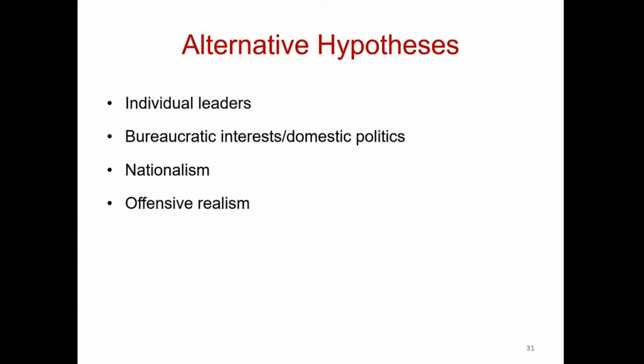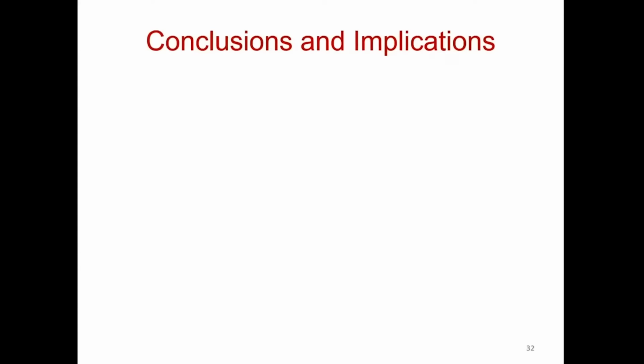I'm more than happy to talk about any of these in the Q&A, but in the interest of time, I'll skip over them now and go straight to the conclusions. So to conclude, the book examines when, why, and how China uses coercion, and I argue that China oftentimes makes Goldilocks choices, balancing between the need to establish resolve and the economic cost of using coercion, as well as taking into consideration the potential geopolitical backlash.